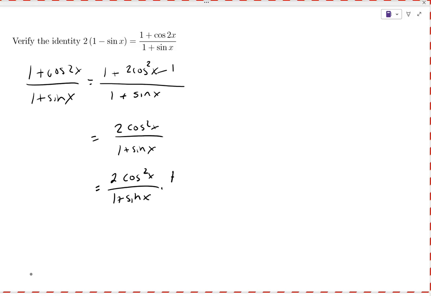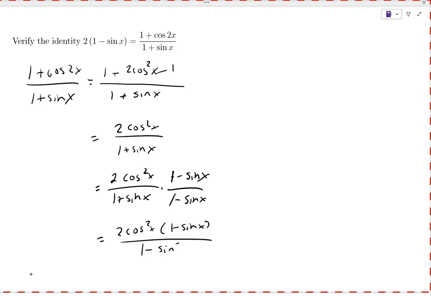I like that because that's a conjugate trick we came up with before. What does that make your denominator equal to then? 1 minus sine squared x. Good. Multiplying top and bottom by that 1 minus sine of x gets that difference of squares in your denominator.